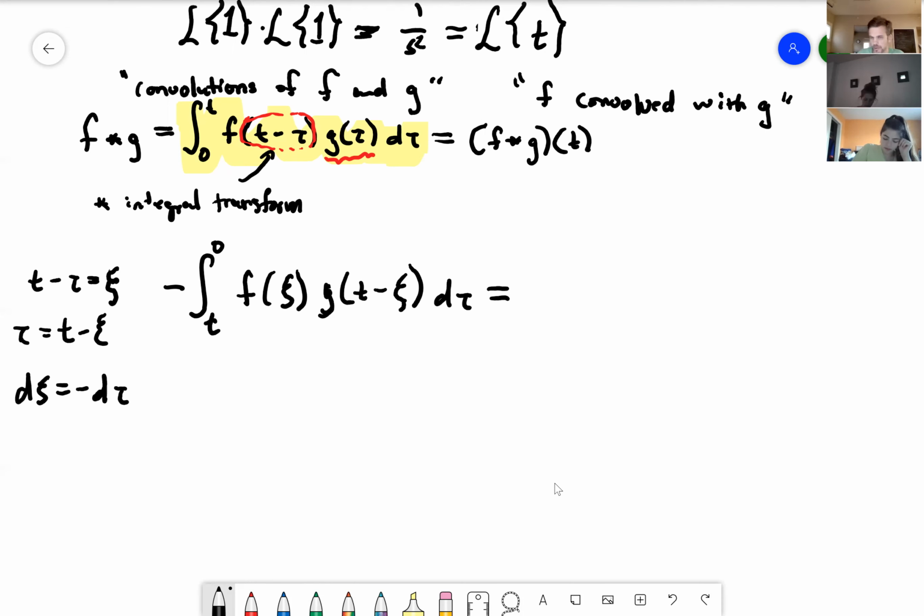Calc 2 techniques for rewriting an integral. This is just u substitution. And we know that if we flip the direction of integration, then we get the negative of the integral. And so this becomes the integral from 0 to t of g of t minus, and now instead of writing c, I'll write tau, because I'm getting to the punchline.